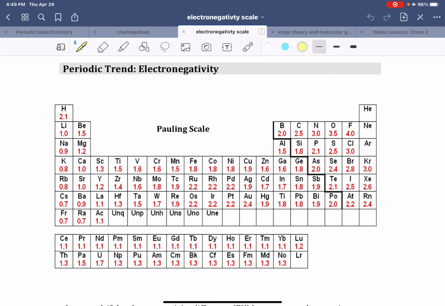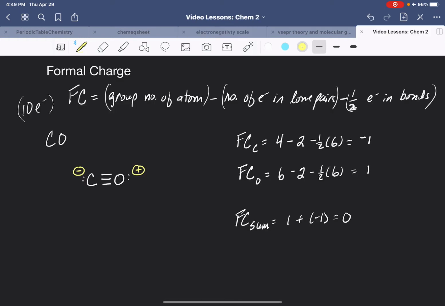And from what we've studied, we know that there would be some polar interactions going on here back and forth. Carbon monoxide has a few behaviors that occur with it. But this formal charge lets us know that this is probably the best structure that we can get for this. All right, let's move on.